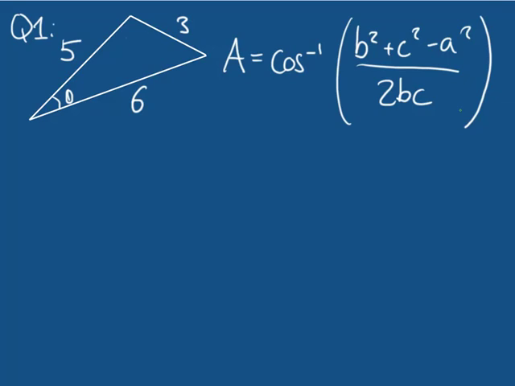Now we must remember that we're finding this angle A. That means our angle theta is A, and our edge a is the edge that's opposite our angle, which is the edge with a length of 3.